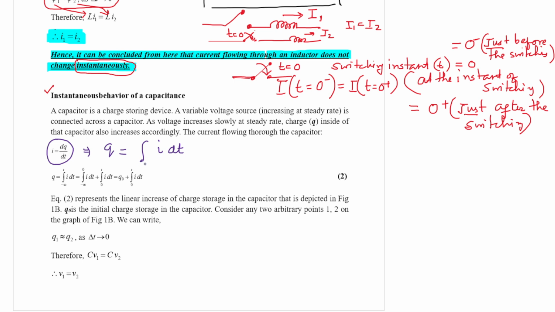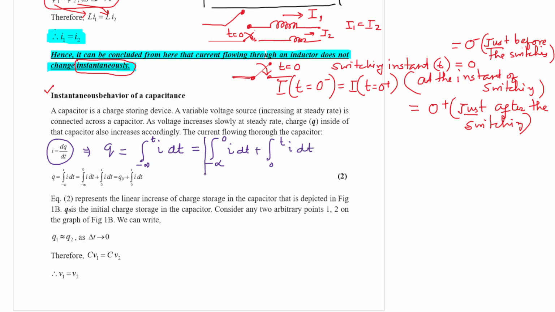Normally we refer to it from 0 to t, but in this case also we will assume minus infinity to t. And from there we will break this integration into two parts, minus infinity to 0 of I dt plus 0 to t of I dt.